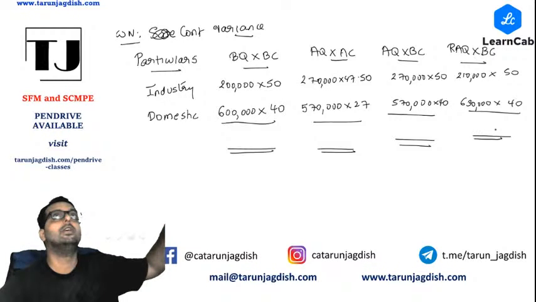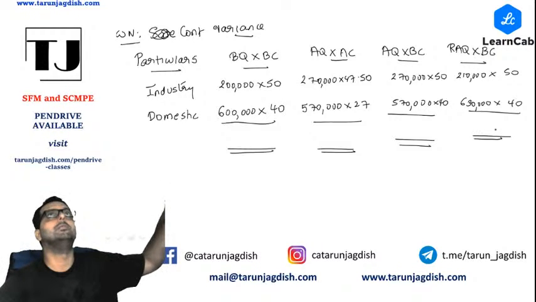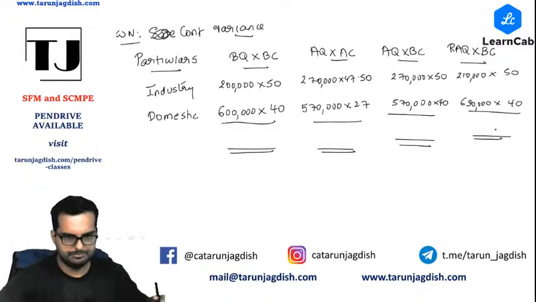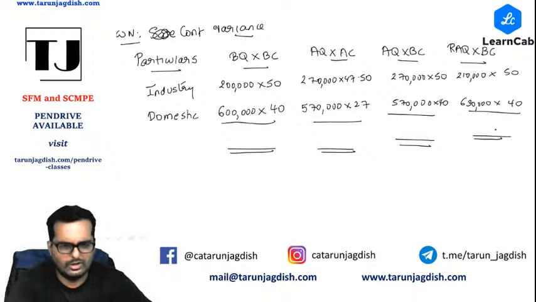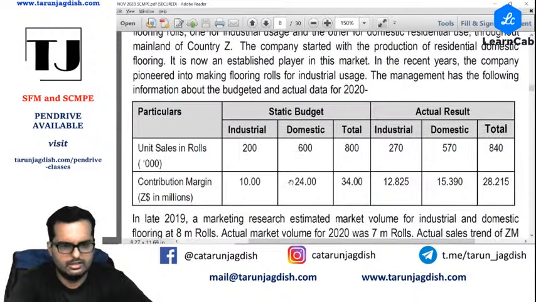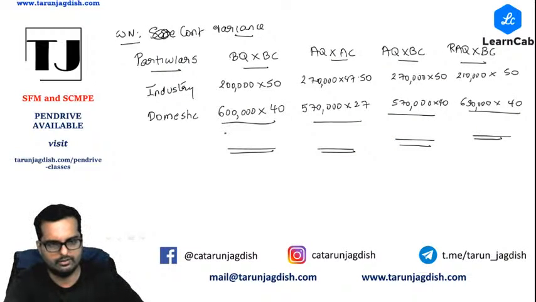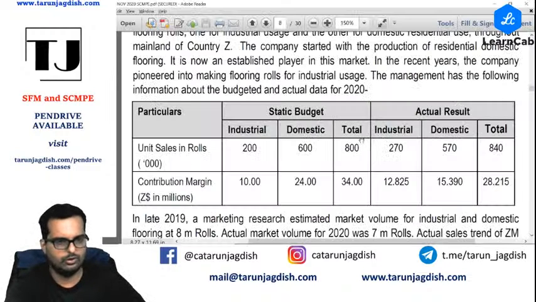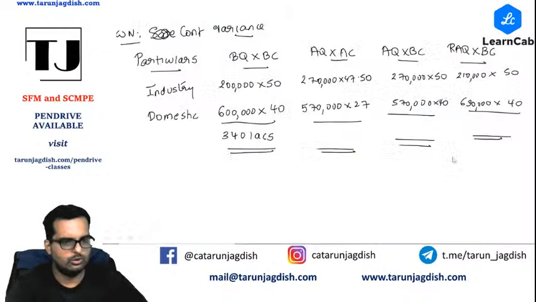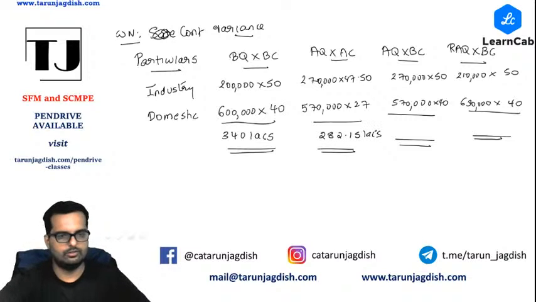I will also be doing it. You also do it parallelly along with me. Okay. Alright. So first one, I think we already have the answer. This one is turning out to be 1024. Total was 34 lakhs. Sorry, 340 lakhs. Second one also, AQ into AC, we have got the answer as 282.15 lakhs. Okay, these things we don't have to do extra hard work.